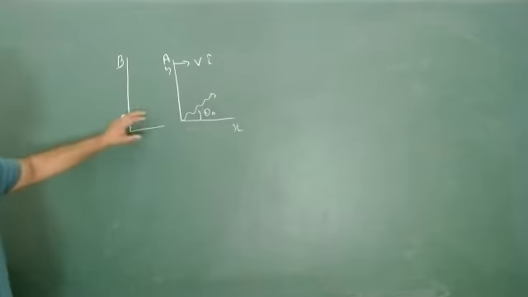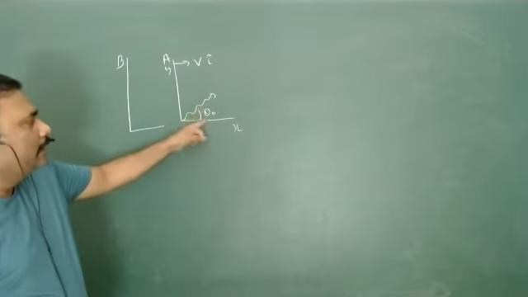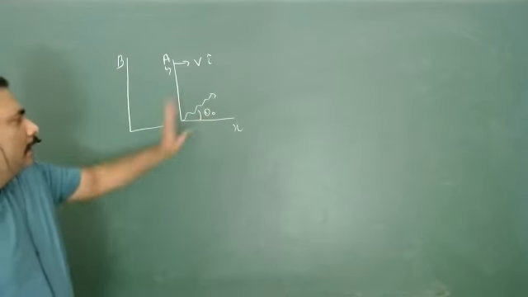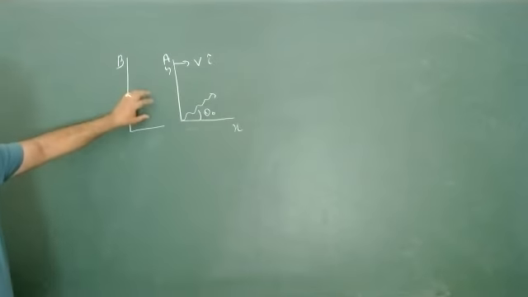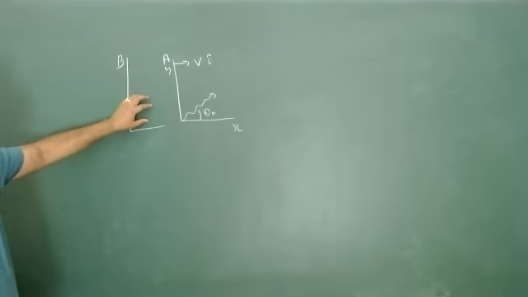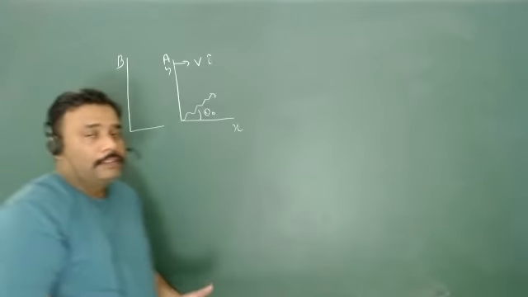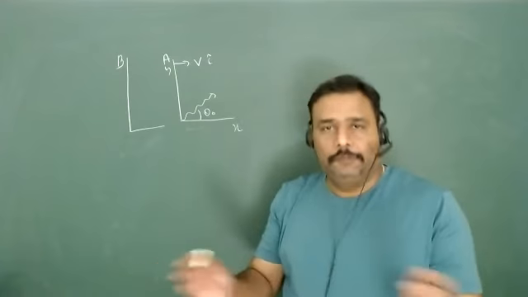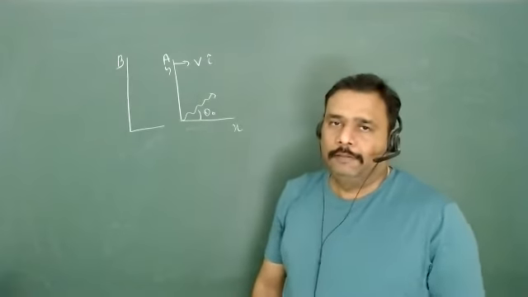What will happen if the observer is attached to A? He will see that the angle is theta naught. But if the observer is attached to frame B, and wants to see this angle, he will see that this angle is not actually theta naught. Actually, this angle is going to change. And let's calculate that particular angle.